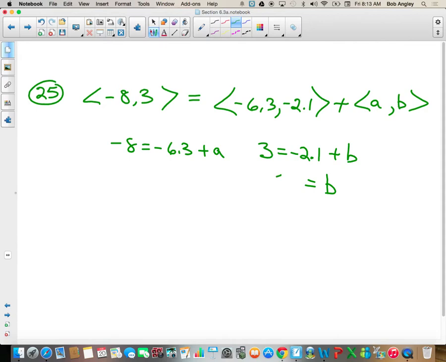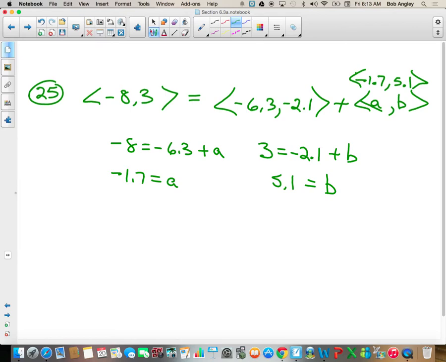So here this would be 5.1 and this would be negative 1.7. And so we would just put those two numbers in here. So this would become negative 1.7 and 5.1.